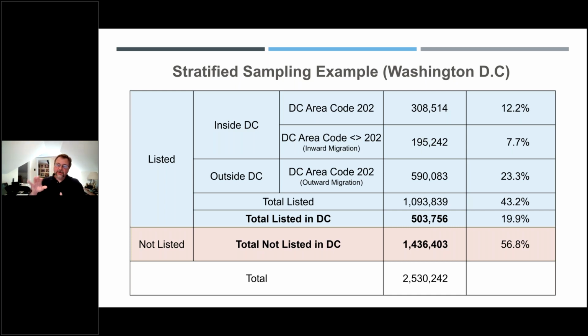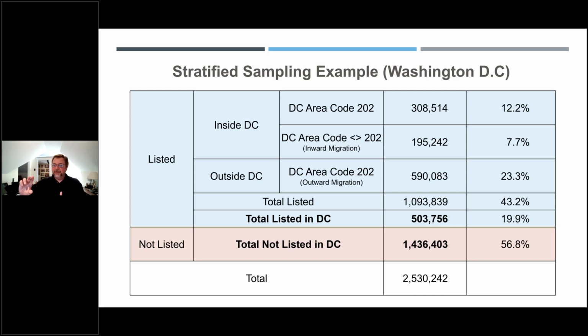The listed numbers that are inside DC come from two places. They come from the area code 202, which defines Washington, D.C. in the traditional RDD frame, and it also includes the inward migration people who have since moved into Washington, D.C. who do not have a Washington, D.C. area code.